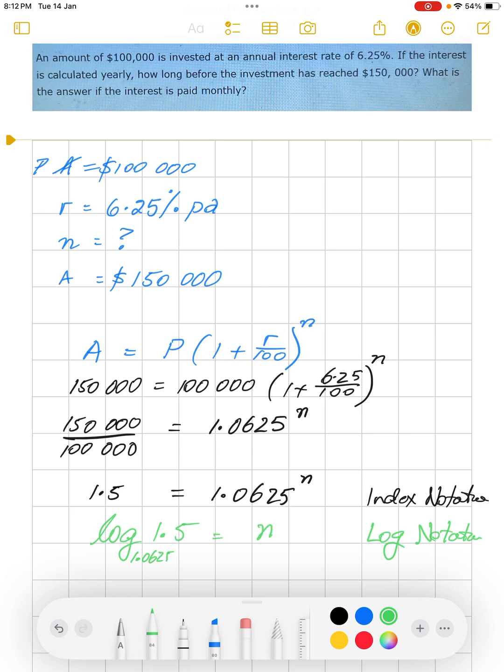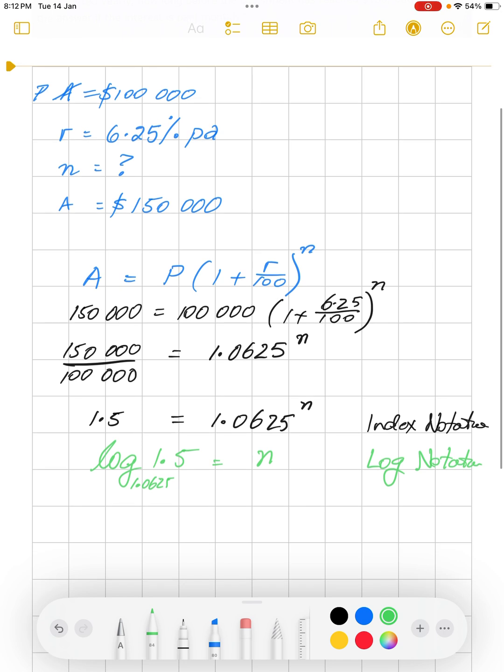So there's the log notation. And there is a log law that says the log of a to base b is the log of a over the log of b, to any base that you want, in fact.